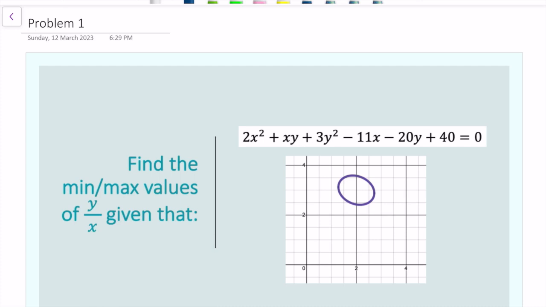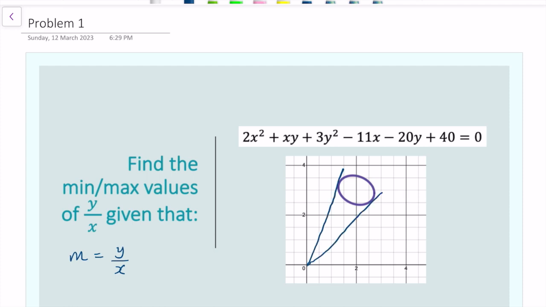So what you need to realize is that this expression that we're trying to optimize, if we call it a different letter, let's say m equals y over x, that is slope, okay? If we think of y and x as the distance from the origin, then we're looking at the slope of a line like this or like that.